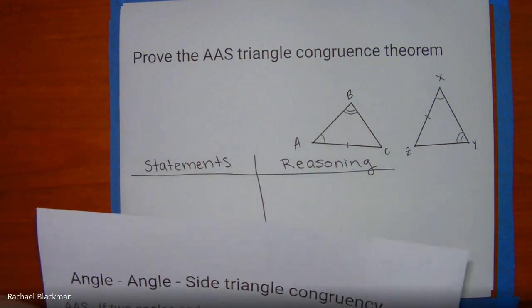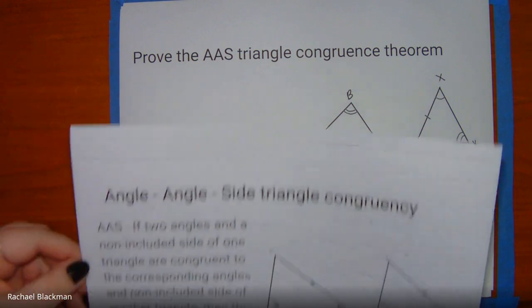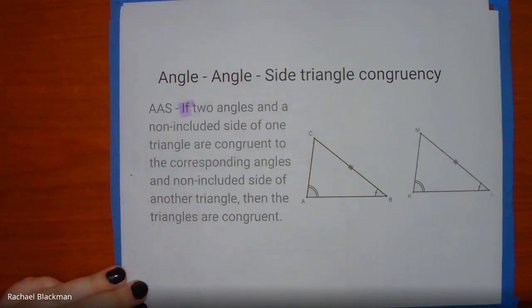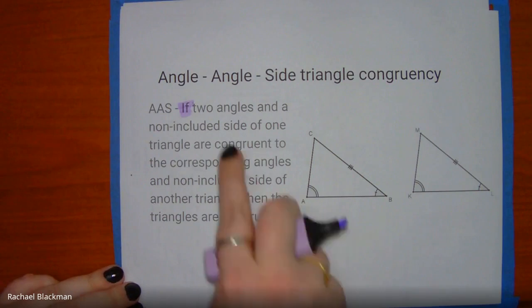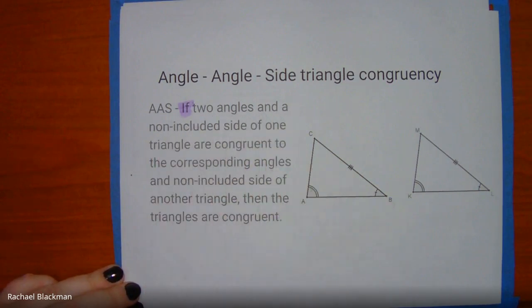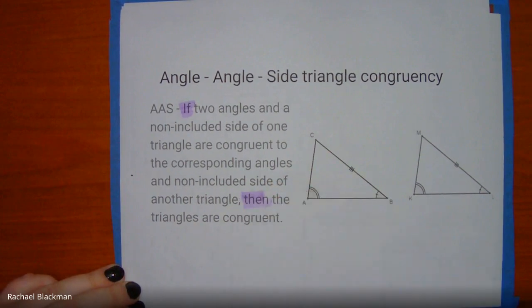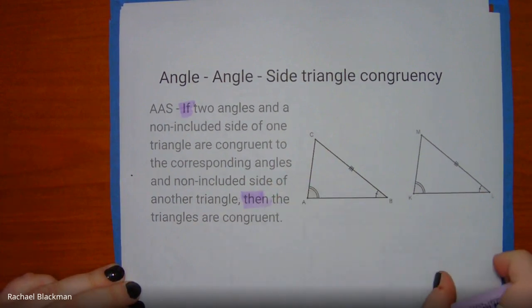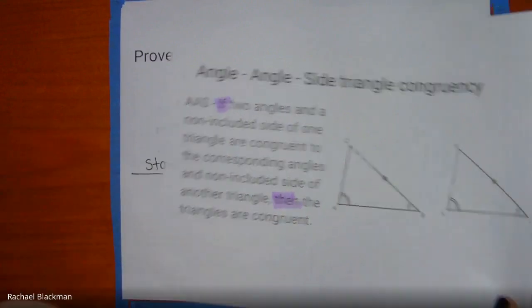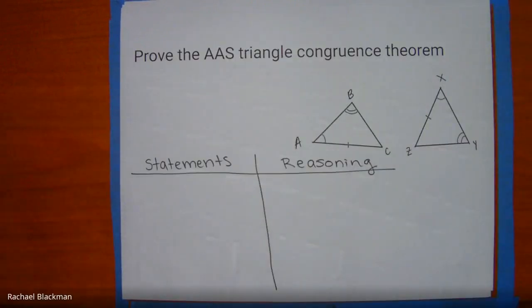Yeah, if we're using this theorem here, I'll just put it back up real quick. If you read through that, it says that if, that's kind of like your given part, right? If two angles and a non-included side between both these triangles, then the triangles are congruent. So that gives us our given and what we want to prove. So now we have a plan going.